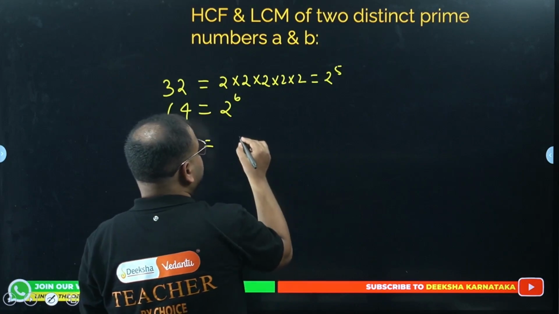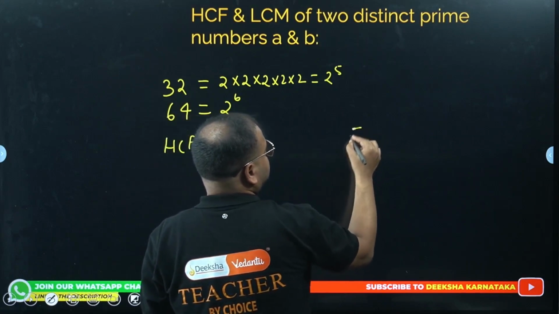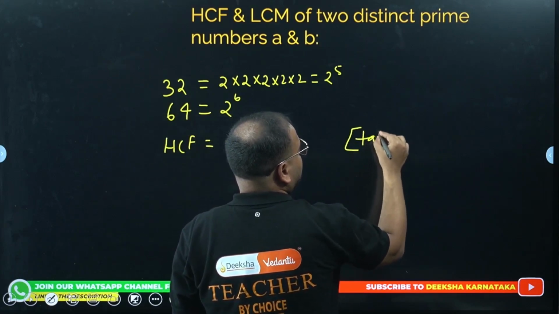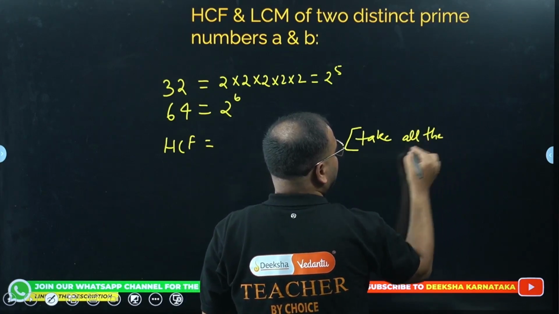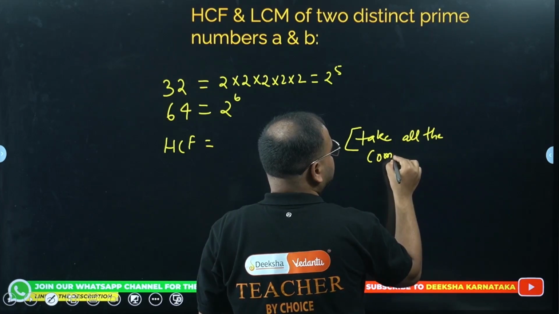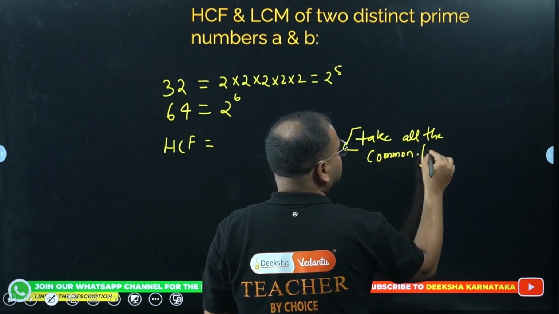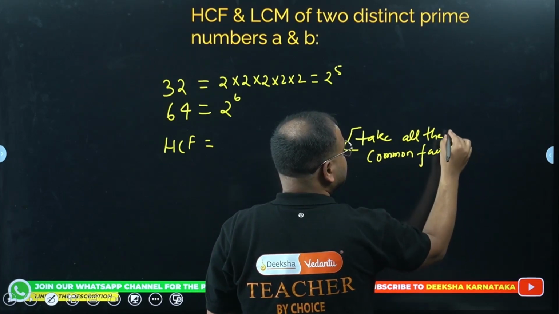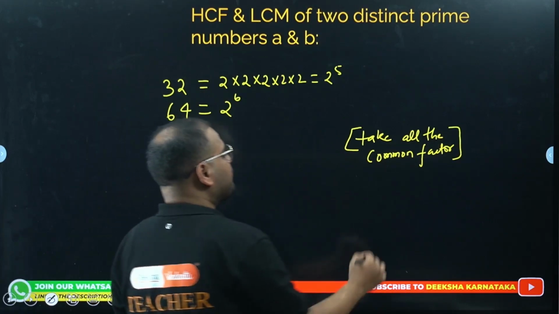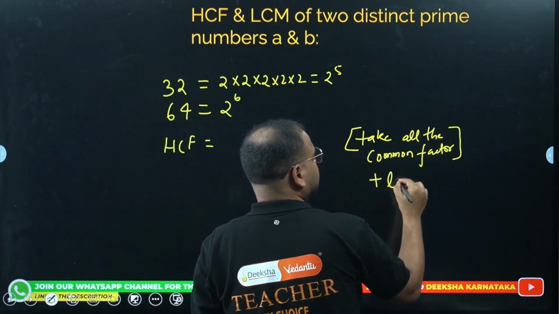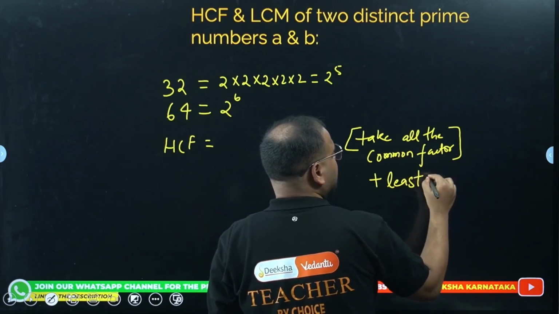What we do is take all the common factors with least power.